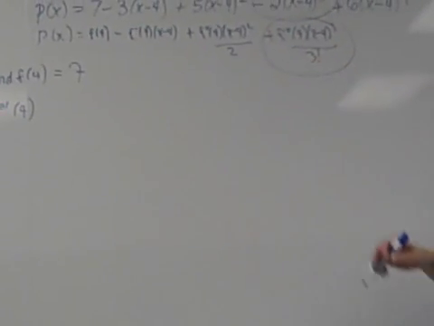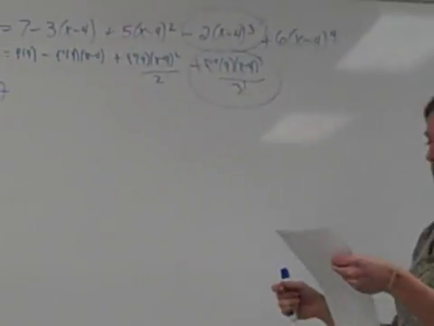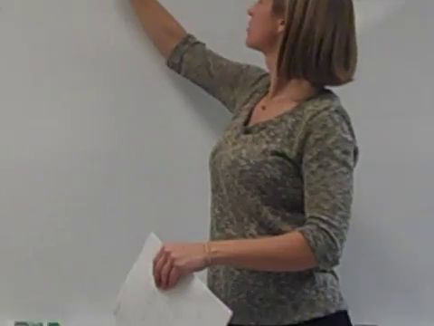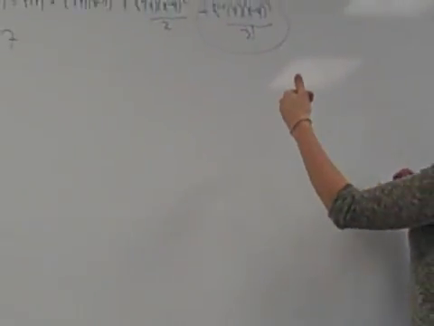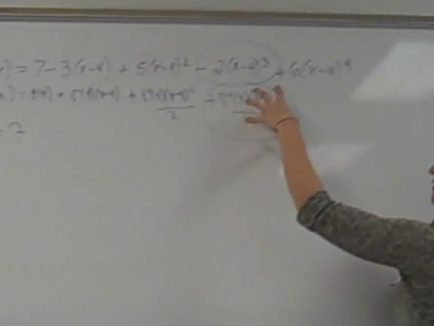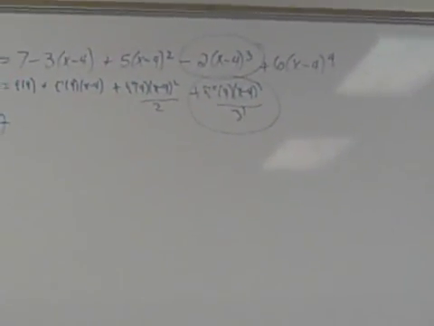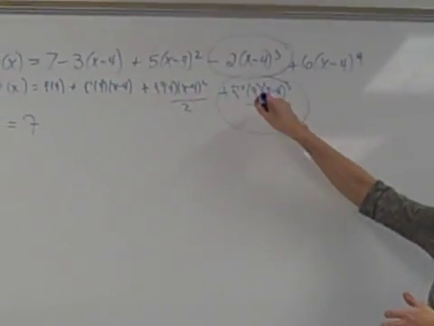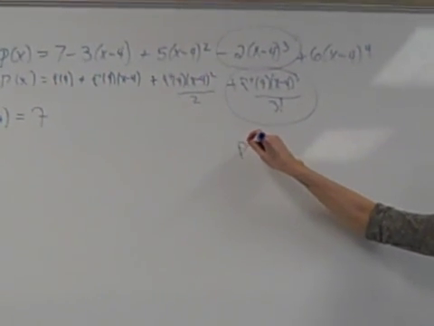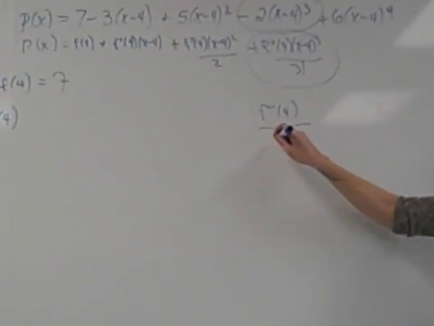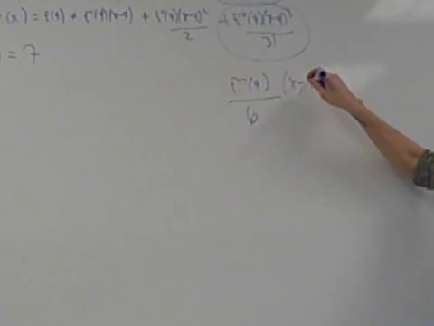Does it make sense what I'm trying to do? I'm trying to make the Taylor series that they gave me match up to the formula. Because I know that f triple prime of 4 is not just 2. 2 is the result of simplifying the formula. So this particular term should have been f triple prime of 4 over 6 times x minus 4 to the third.